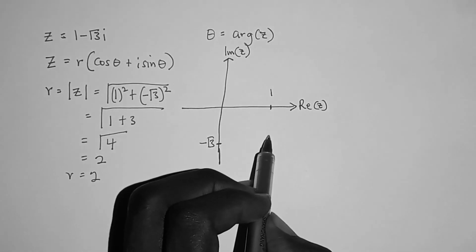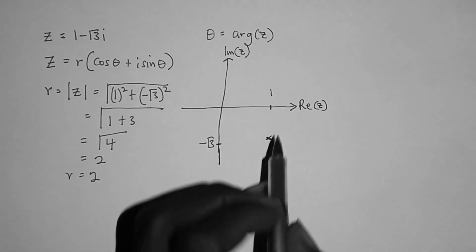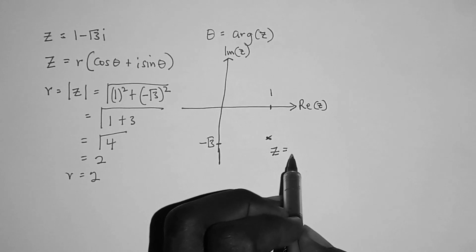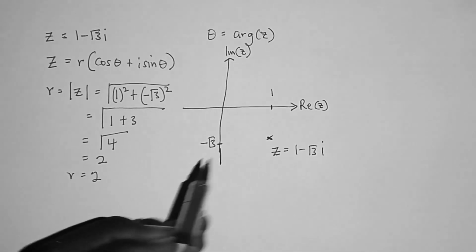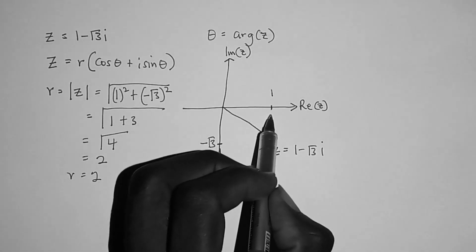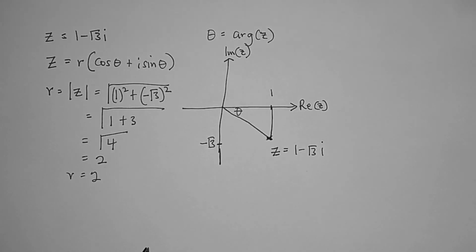So you can see that 1 minus root 3 i is going to fall somewhere here. So this is z equal to 1 minus root 3 i. If we draw a line from the origin, you see that it makes this angle, which is theta, with the real axis.